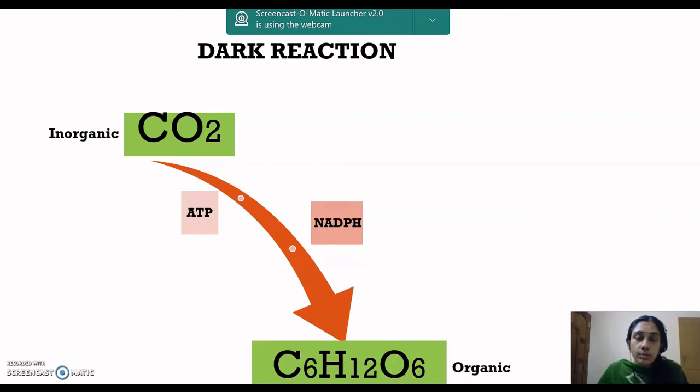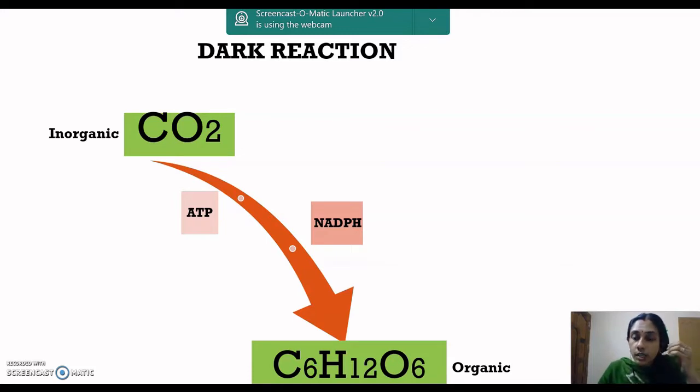So this is the actual process of dark reaction, through which the inorganic carbon dioxide is converted to organic molecule glucose. So an inorganic molecule is converted to organic molecule, and carbon dioxide is a very simple molecule which is getting converted to a complex molecule of glucose. So this is a synthetic phase or synthetic reaction.